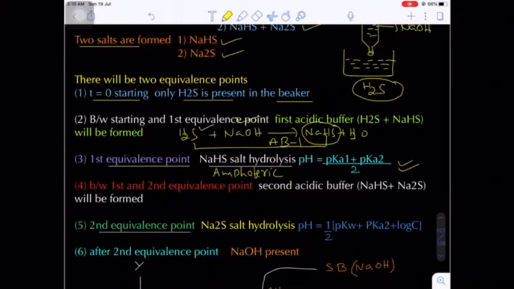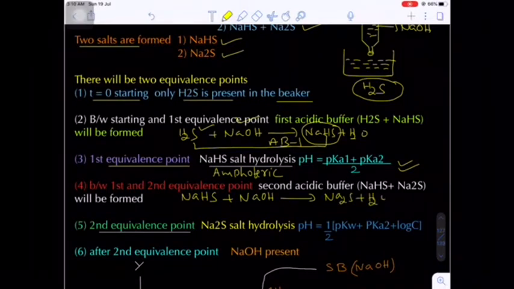Okay. Now before going to the second equivalent point, that means in between the first equivalent point and the second equivalent point, what happens? Now in the solution the salt sodium hydrogen sulfide is present, and again you are adding the NaOH drop by drop. Now what happens?